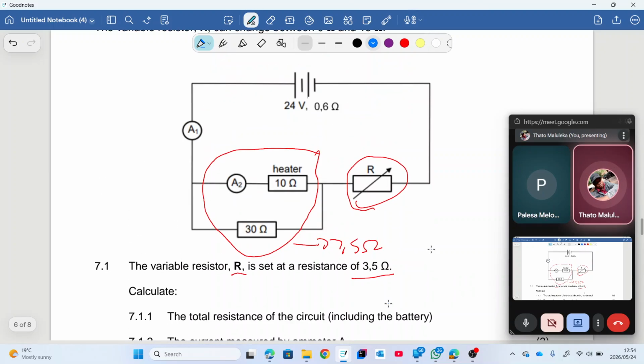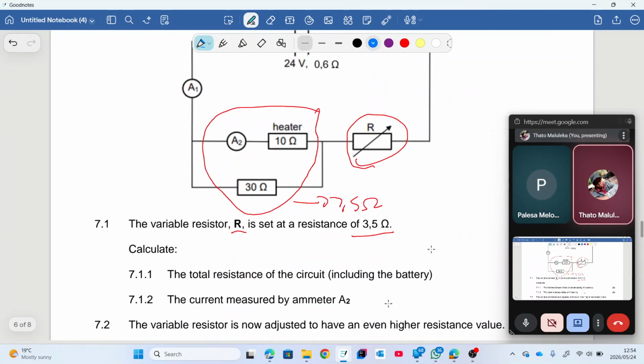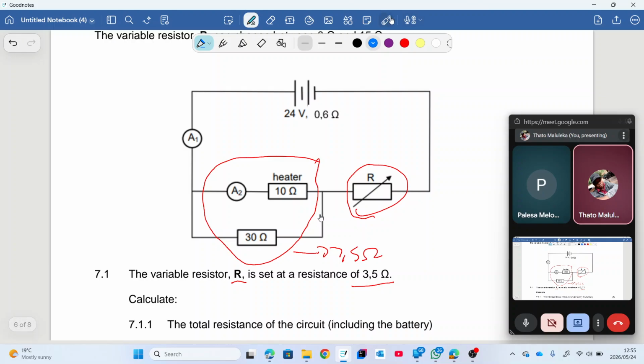Now 7.1.2, calculate the current that is measured by ammeter A2. Give me a second. Basically, from the battery, the current will travel like this.